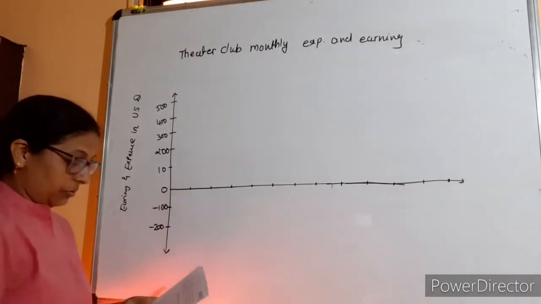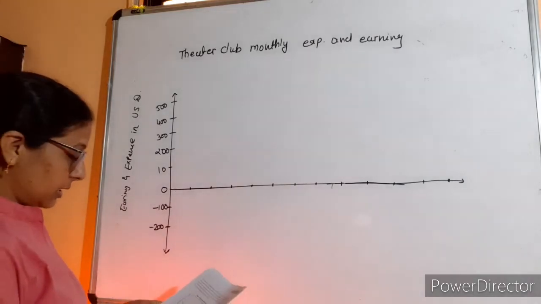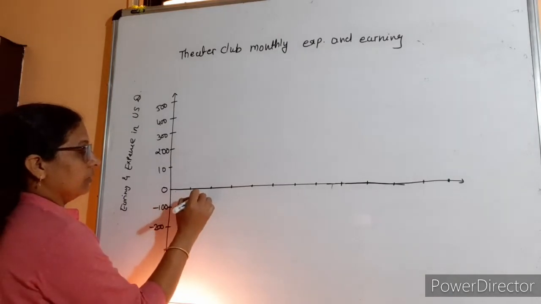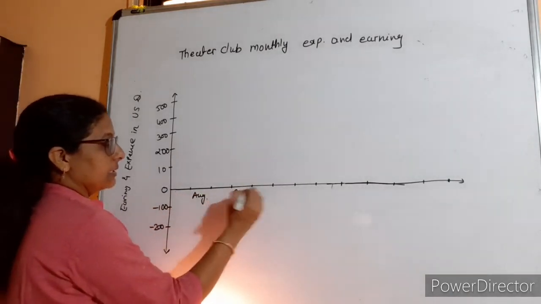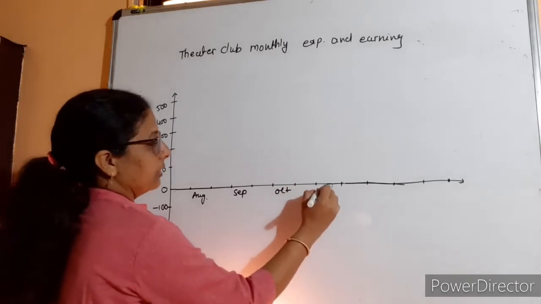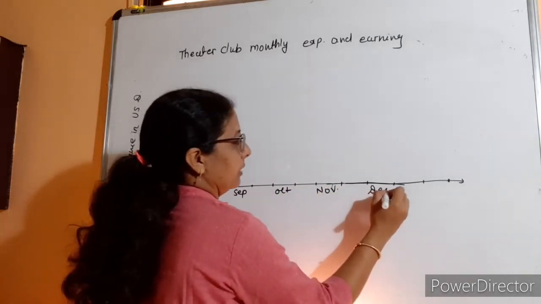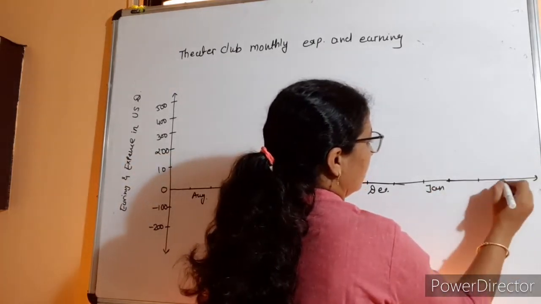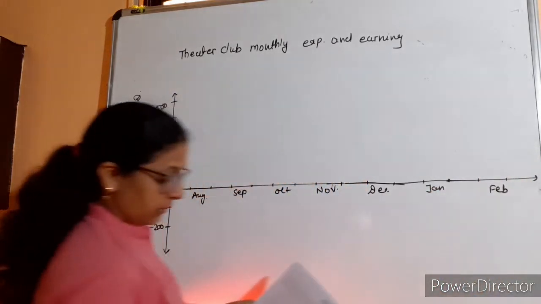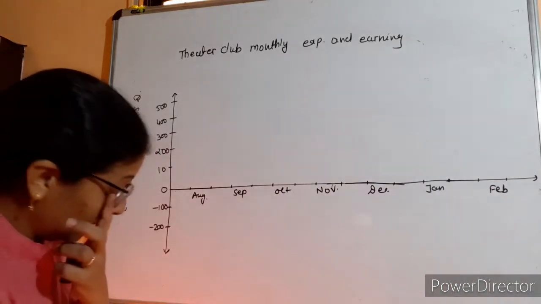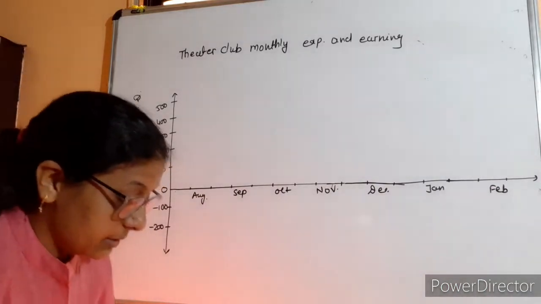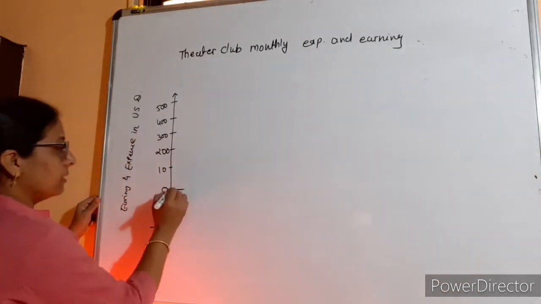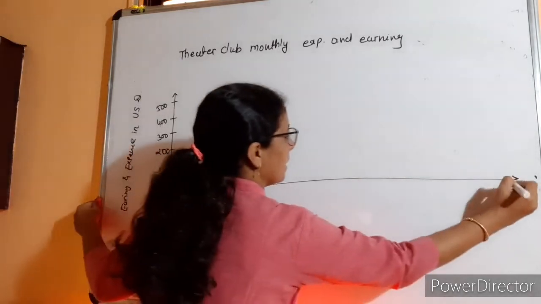Now here is August, September, October, November, December, January, February, right? Okay, we have to take a smaller distance for the graph so that 12 months fit with the space.